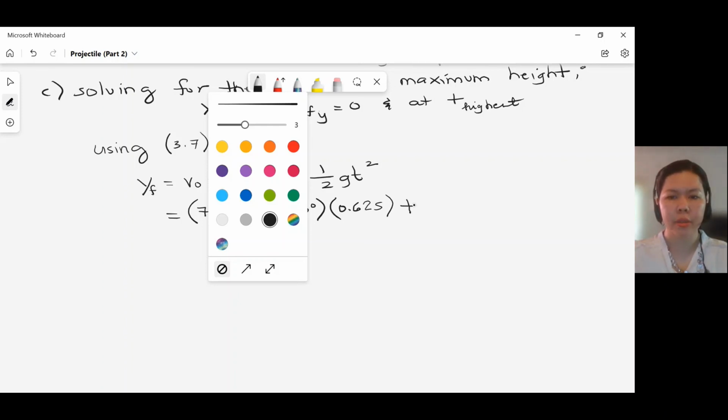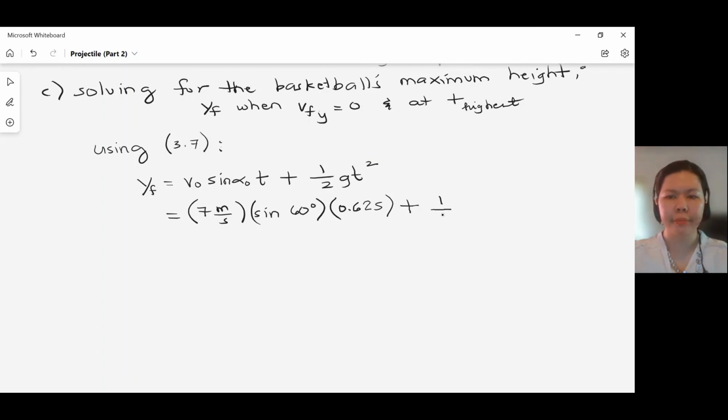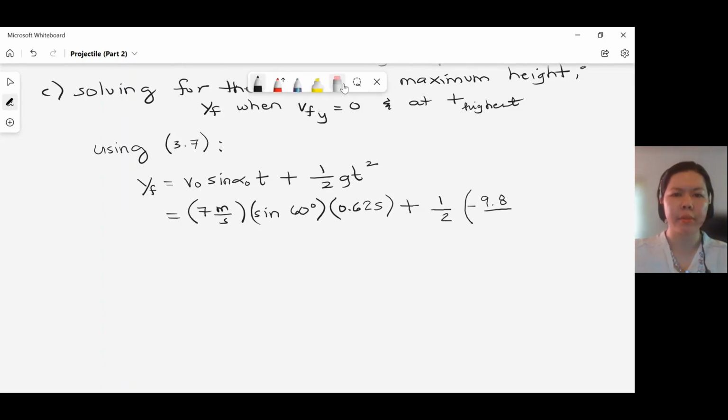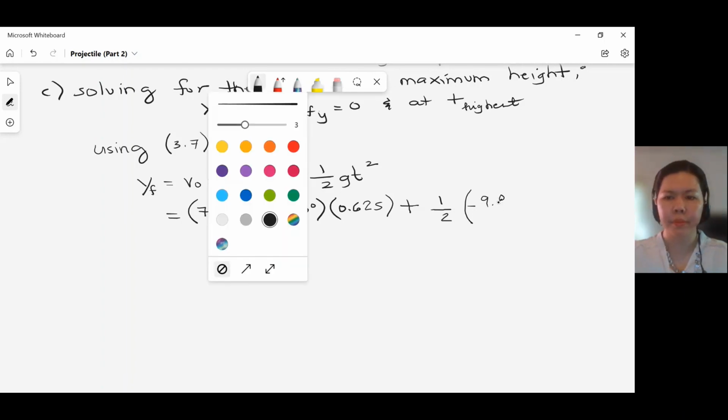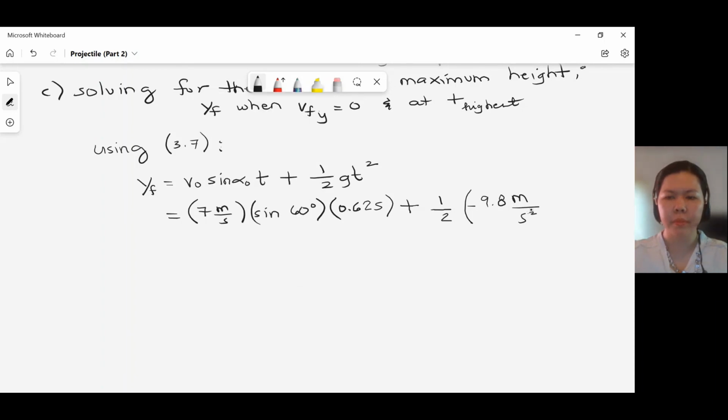Plus, we continue, second term, 1/2, G is negative 9.8 meters per second squared, times the time at the highest point, 0.62 second squared.